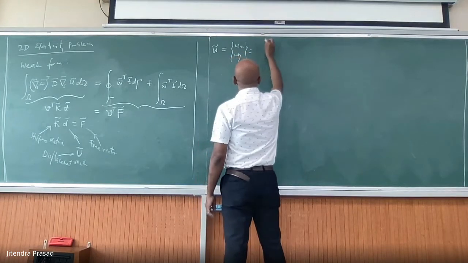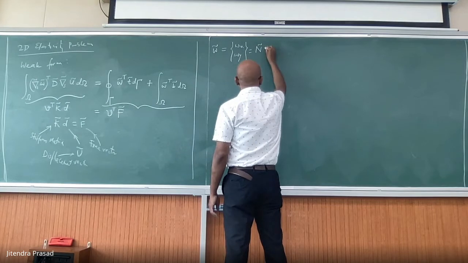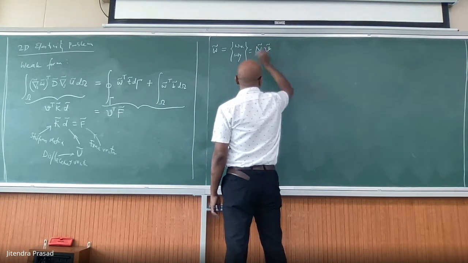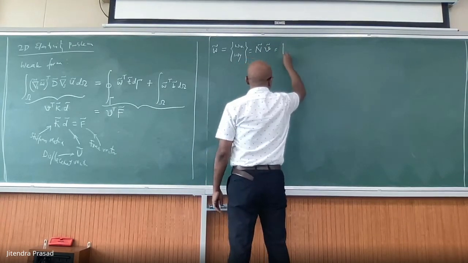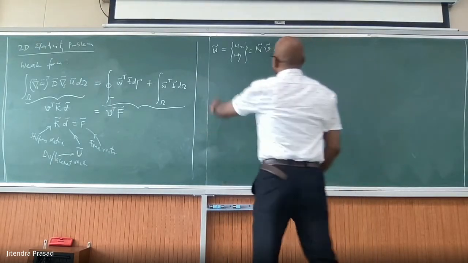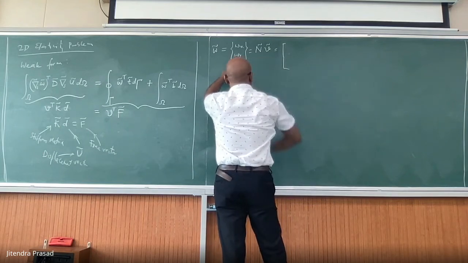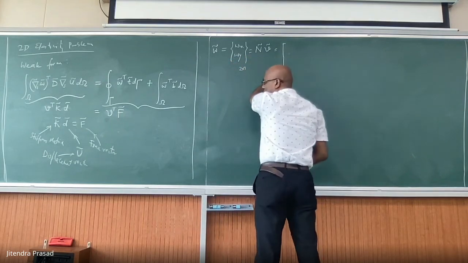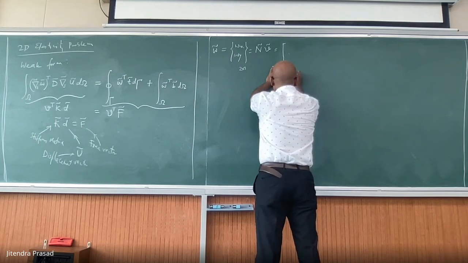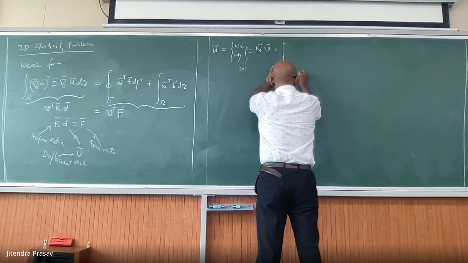So that's N times v, where N is 2 by 2n.